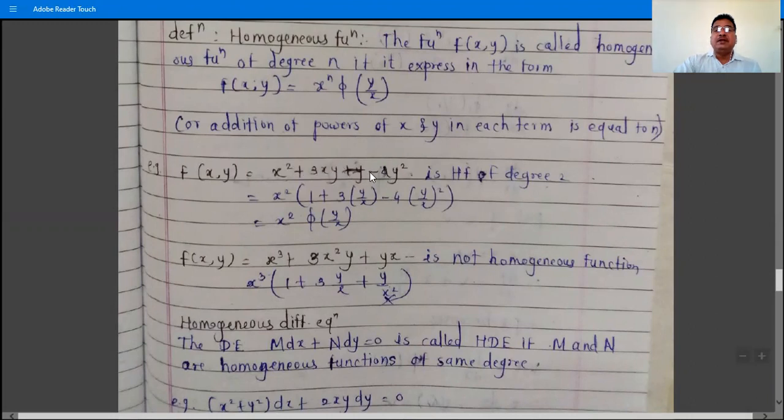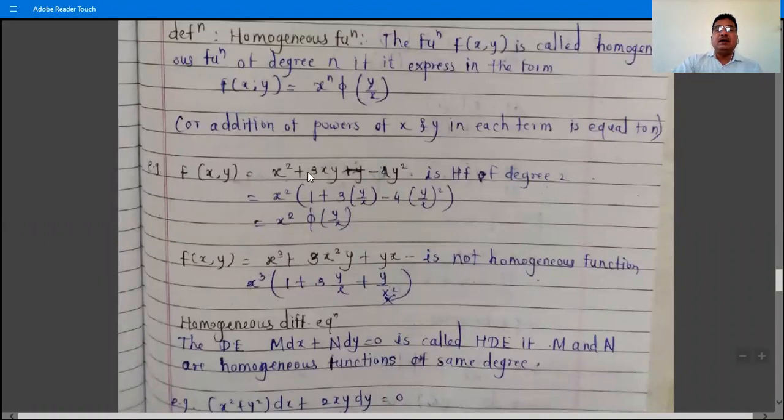And in the last term, −4y², the power of y is 2 and the power of x is 0, and 2 plus 0 is 2. So in each term the addition of powers of x and y is equal to 2, and therefore it is a homogeneous function of degree 2.